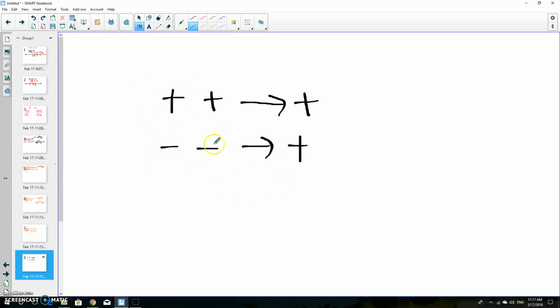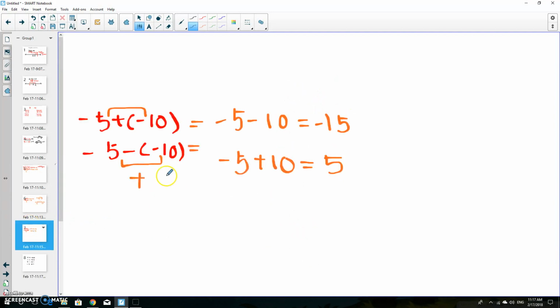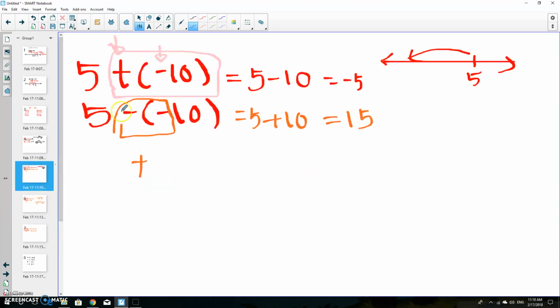So if two signs are the same, it's going to be a plus. Alternatively, if you have a plus and minus sitting right next to each other, it's going to be a subtract. And so this is basically the basic skill for this. And that's how I got all of this turned into a minus, how I got this into a minus, how I got this into a plus.